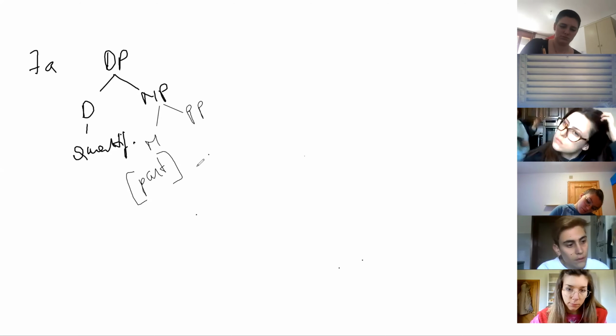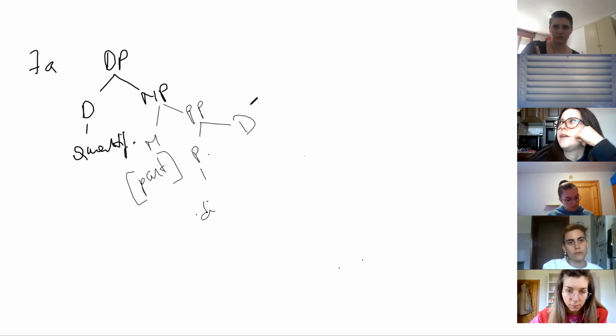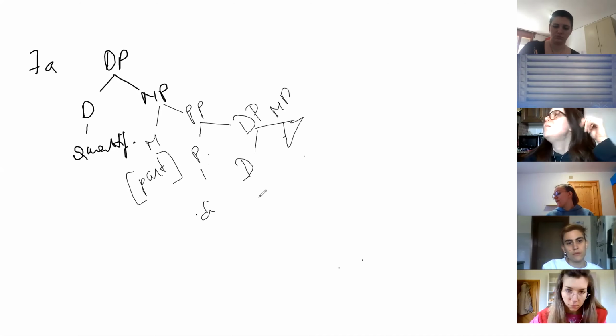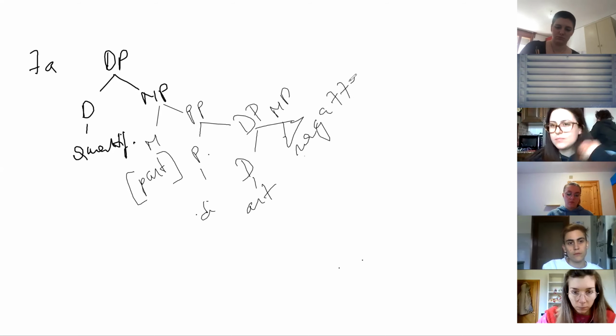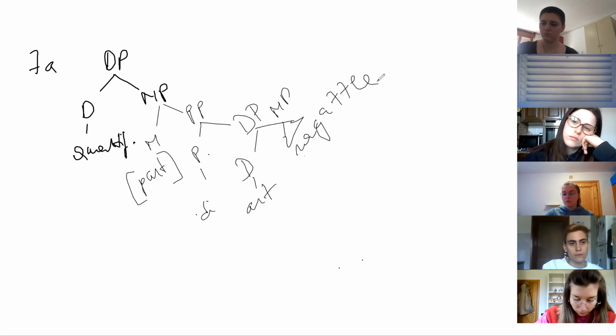It selects a PP, and the PP has the preposition the, and the preposition selects a new DP with a D, and the DP has a noun phrase, okay? This is an article, and this is ragazze, okay? So this would be 7A in the analysis of Kierkegaard 97, okay?